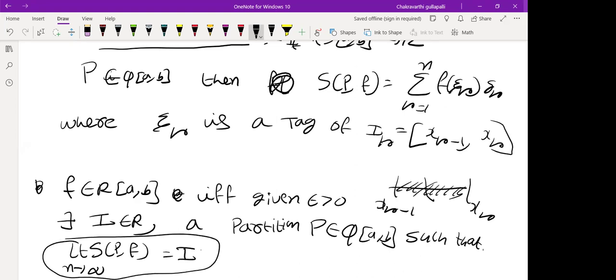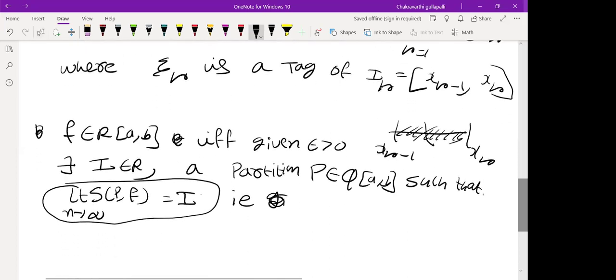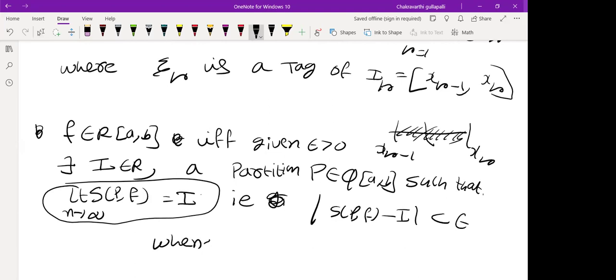What is S(P, f)? This. In other words, given epsilon, there exists a delta such that modulus of S(P, f) minus I is less than epsilon whenever the norm of P minus 0 is less than delta. What is the norm of P? The maximum of the deltas.